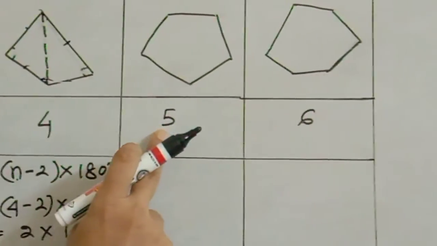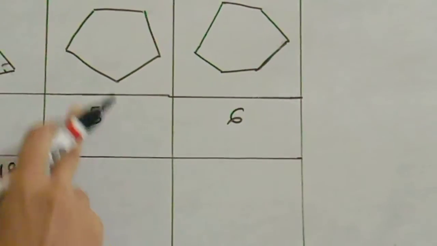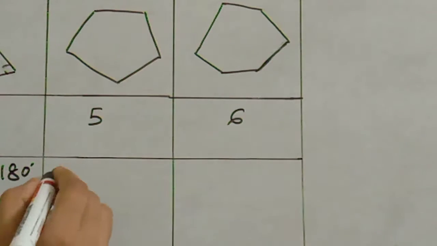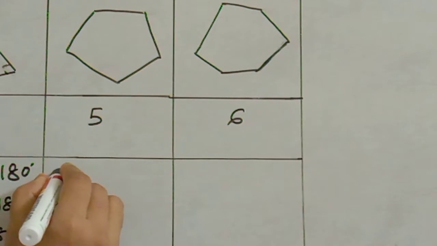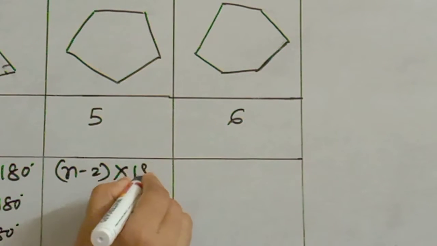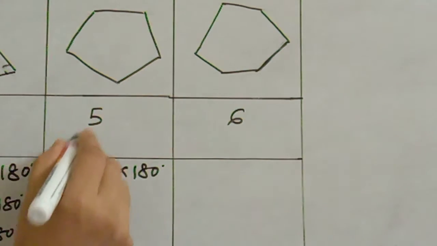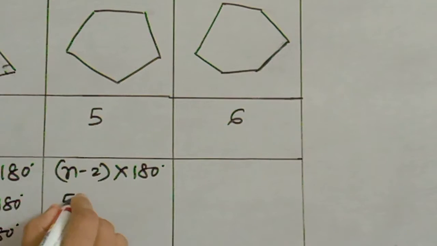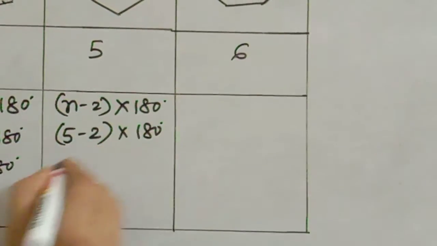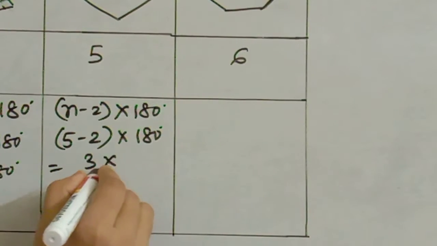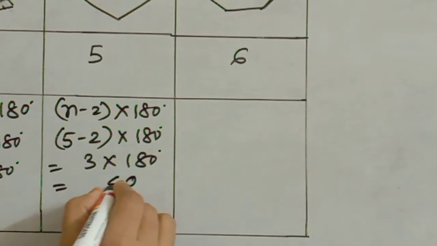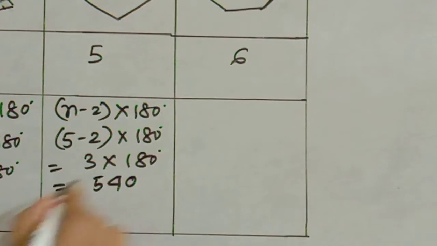Now go to the next figure. It is a pentagon: 1, 2, 3, 4, 5. So you have to find the angles in this way also. (n minus 2) into 180 degrees. Here the number of sides is 5. Therefore (5 minus 2) into 180 degrees, that is 3 into 180 degrees, 540 degrees.